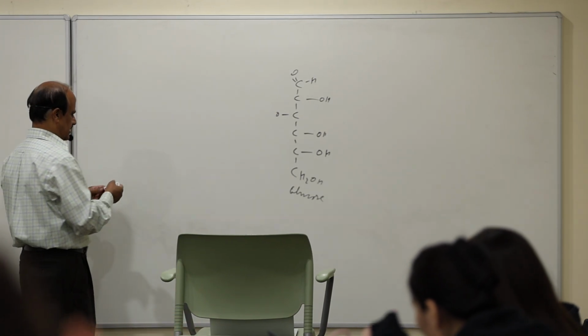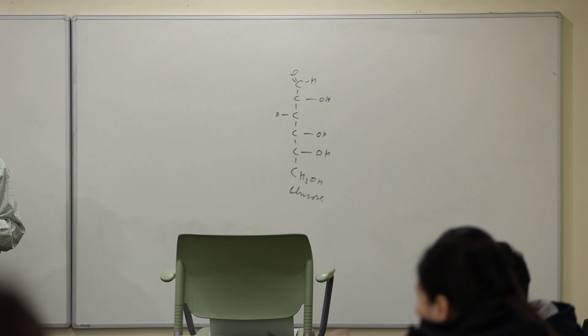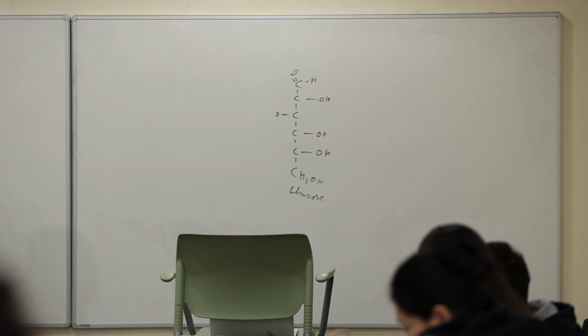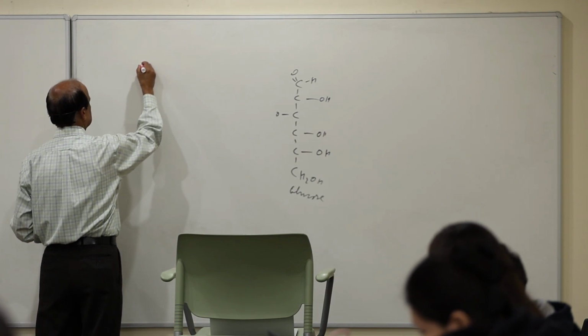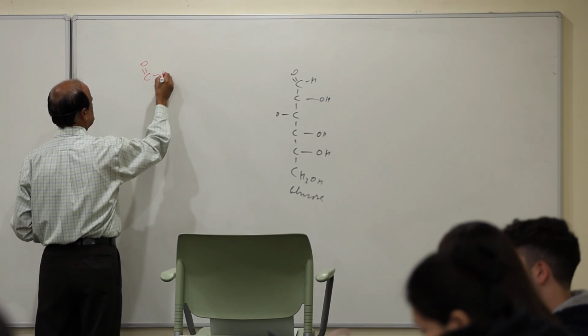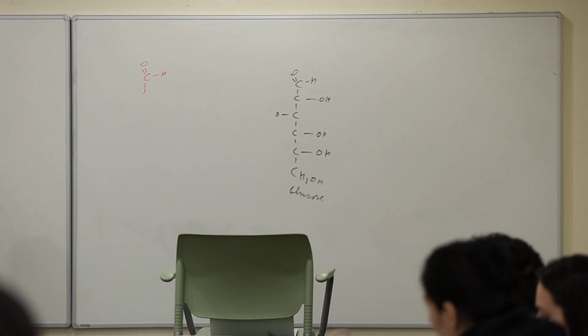So for carbohydrates, this is the glucose structure which has an aldehyde, and if you studied in organic chemistry, if you have an aldehyde, that can react with the alcohol.